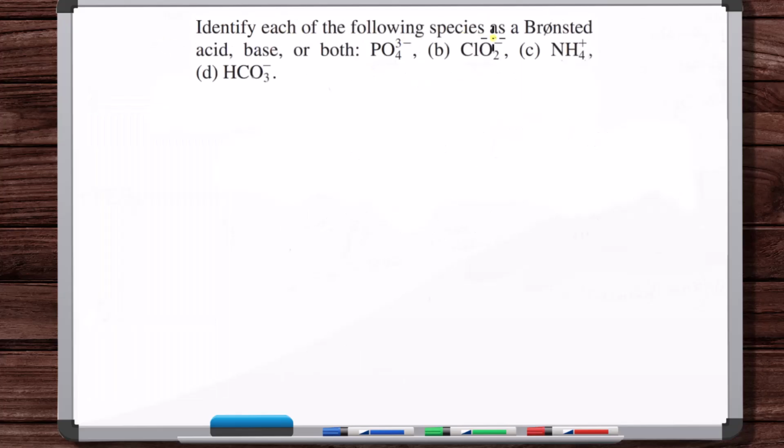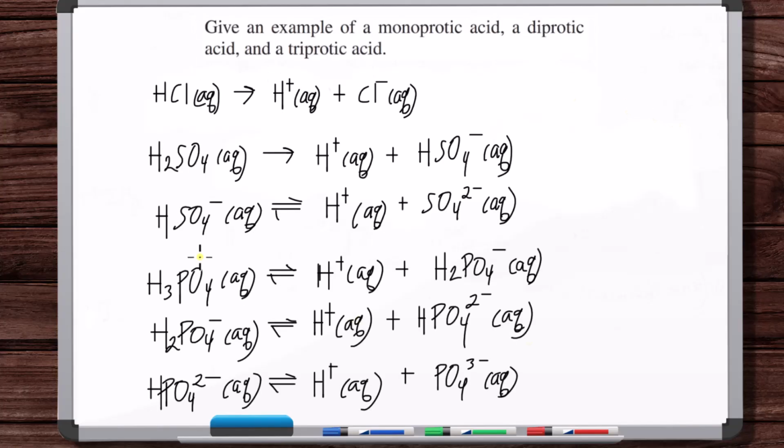Identify each of the following species as a Bronsted acid, base, or both. Okay, so we're starting off with PO4 3-. We can come to this breakdown of phosphoric acid. If you dissolved phosphoric acid, let's think about it like in neutral water, and once everything got mixed up and was at equilibrium, one of the species floating around dissolved would be this PO4 3-. And so as far as the acidic or basic classifications, how can we classify this substance here?